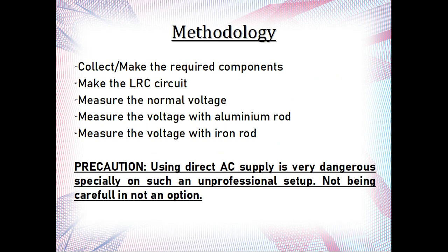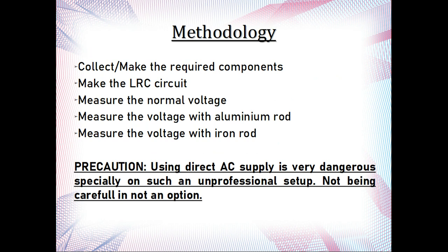In our methodology, first we collected the components, the capacitor and the resistor, and we had to make the inductor, as no inductor of a high enough inductance was found in the market. Using those components, we made an LRC circuit by joining them with wires and taping the parts where the voltage would not be measured, leaving both ends of the inductor open, as the voltage would be measured across them.